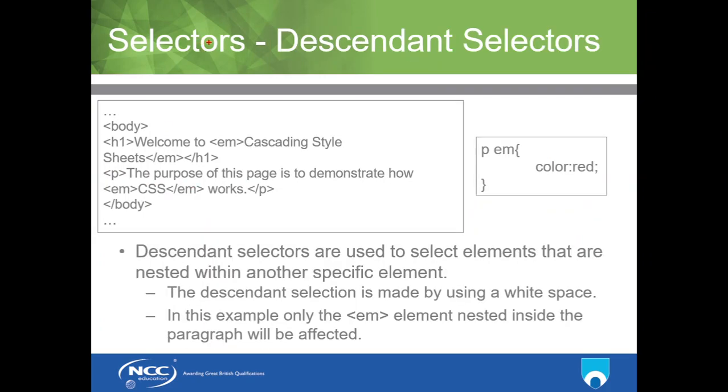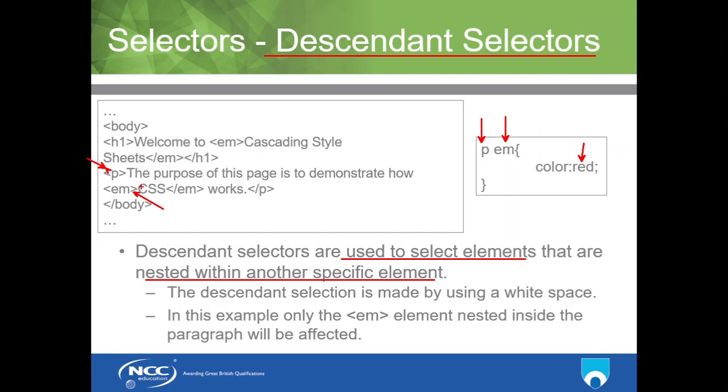Okay. Then we also have what we call descendant selectors. So these are used to select elements that are nested within another specific element. Now, how we do this is we do, for example, the P selector for paragraph, then space, then M. So here what we are saying is, anytime we have an M inside a paragraph, we want it to be colored red.